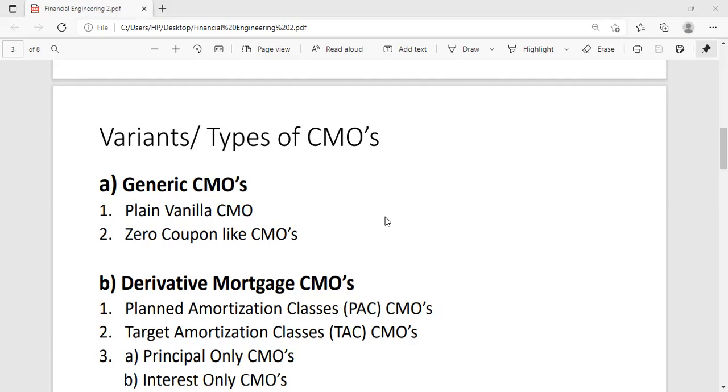So this difference between these two rates generates a spread, which is a source of profit for the investment banks.